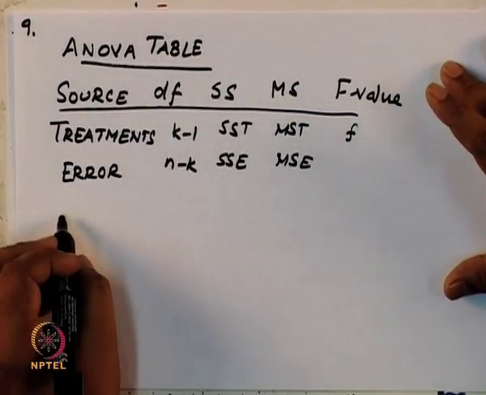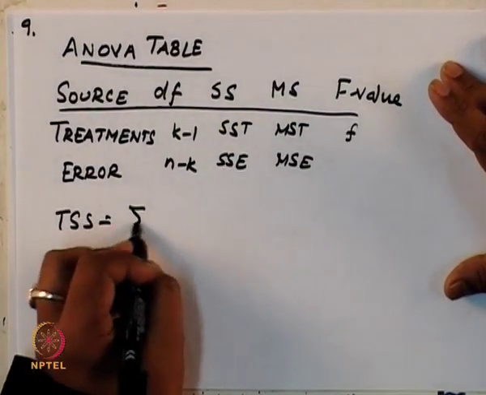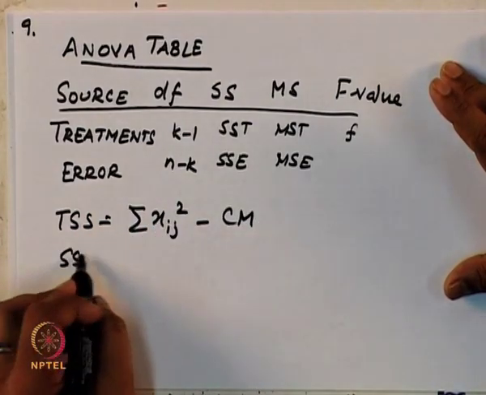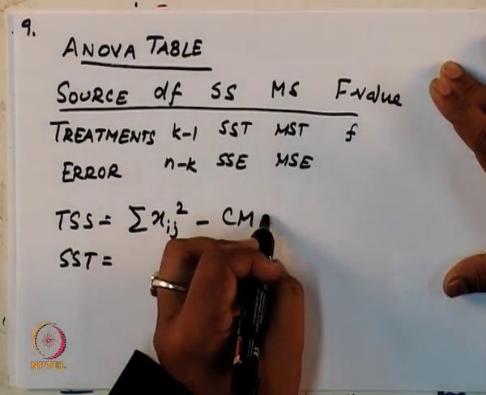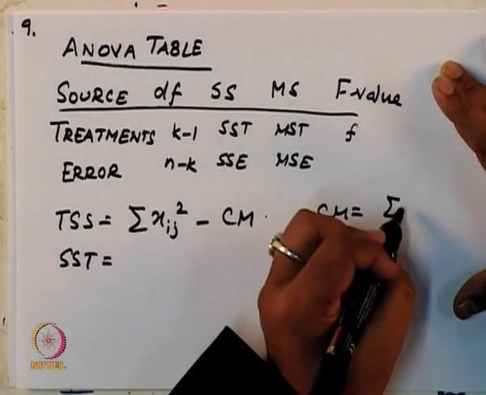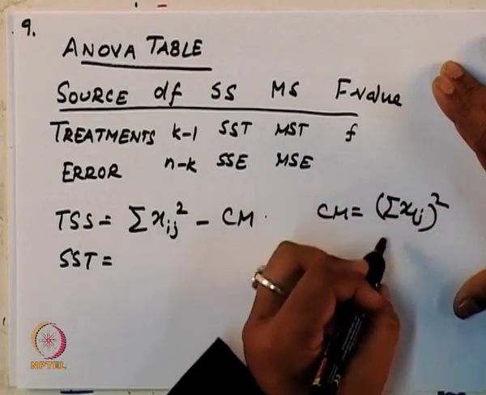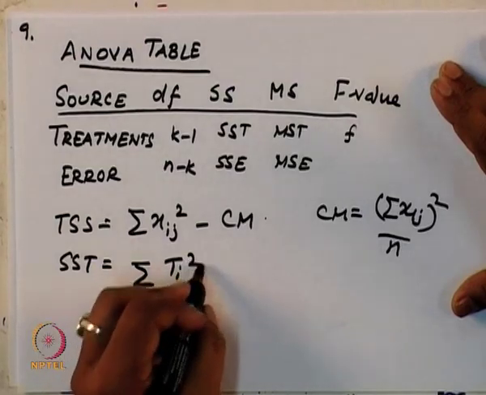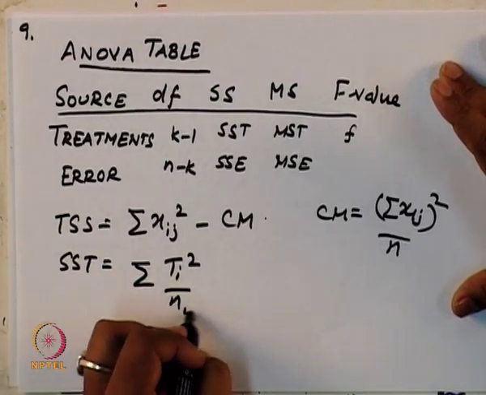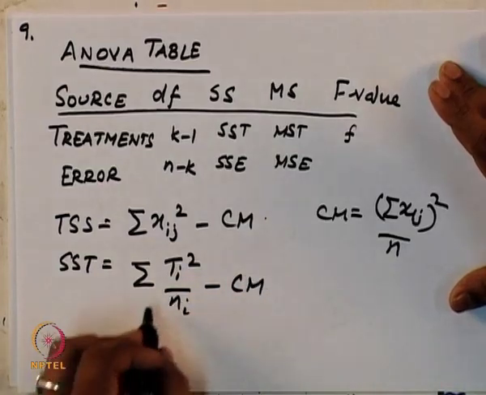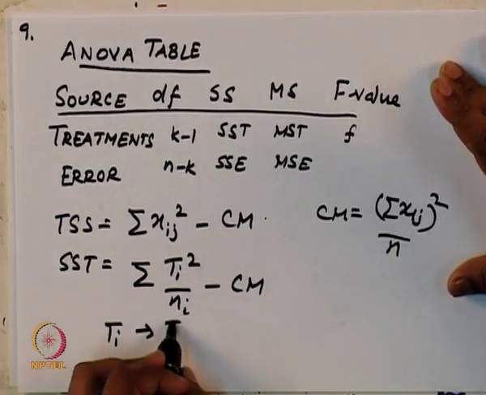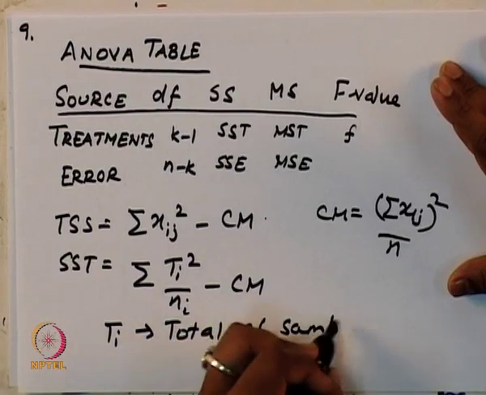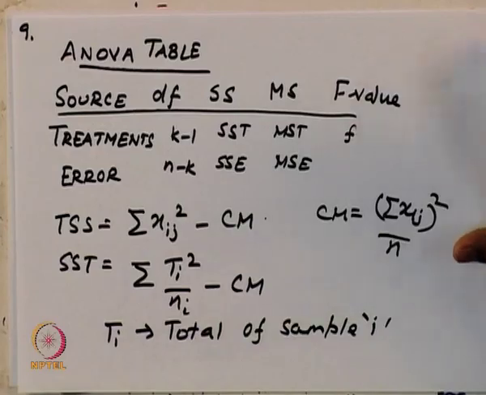So, again, your TSS is the summation of xij square minus CM, where CM is given by (summation xij) whole square by n. SST is the summation of Ti square by ni minus CM, where Ti is the total of sample i.